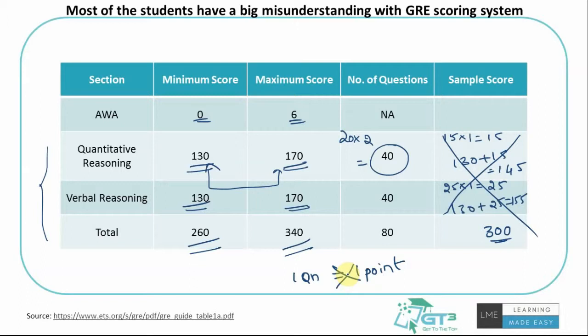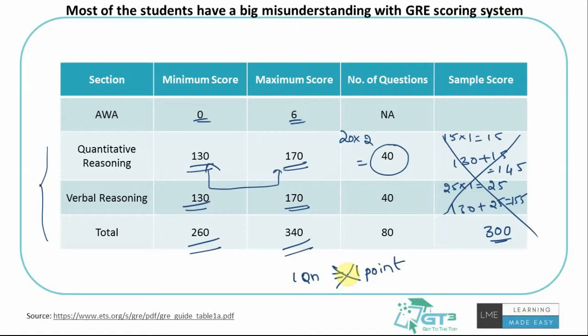If a candidate gets 10 questions correct in two sections, quant, let's say first and second section, he attempted all the 20, he got 10 wrong, 10 correct in the first section, 10 right and 10 wrong in the second section. There's another candidate who attempted only 15 questions in both the sections, 15 each. He got 10 correct and 5 wrong and 10 correct and 5 wrong. They both will still get the same score, assuming everything else is the same, right?